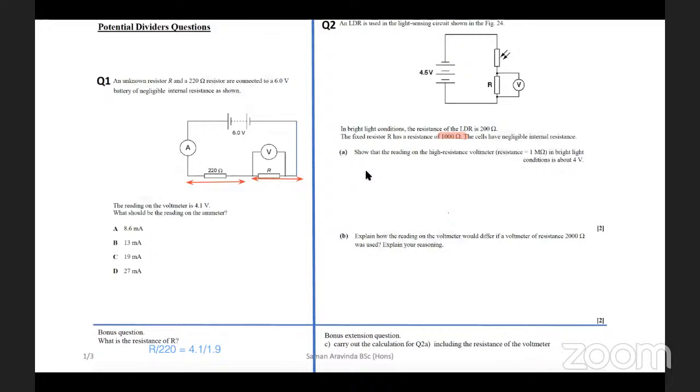Now there we don't really consider the voltmeter's resistance, because it is a high resistance voltmeter. Okay, do it by yourself, then we'll discuss.